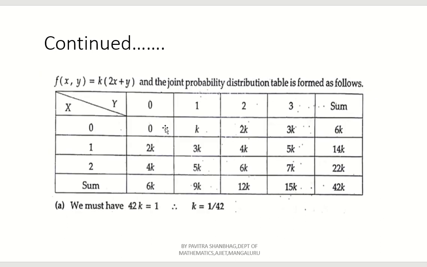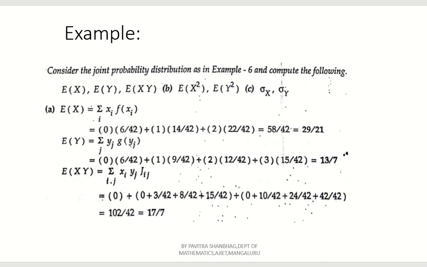Already we have given p11 is 0, p12 is k, which is nothing but 1 by 42. Just you need to substitute back. So what will you get here? 0 plus 3 by 42 plus 8 by 42 plus 15 by 42. Take the LCM. Here denominator is common, 42. So 15 plus 8 plus 3, you get 26 by 42.